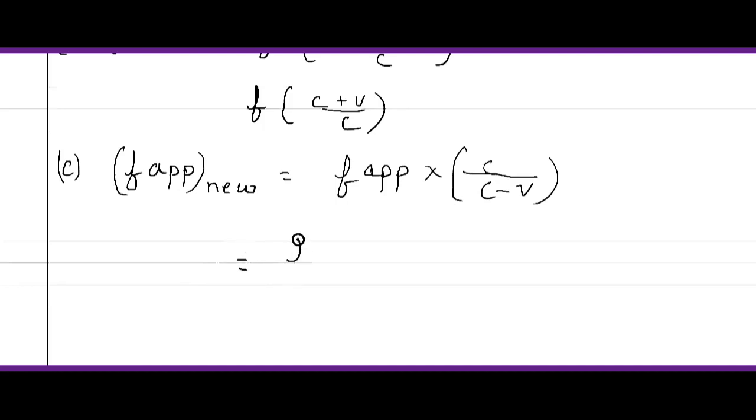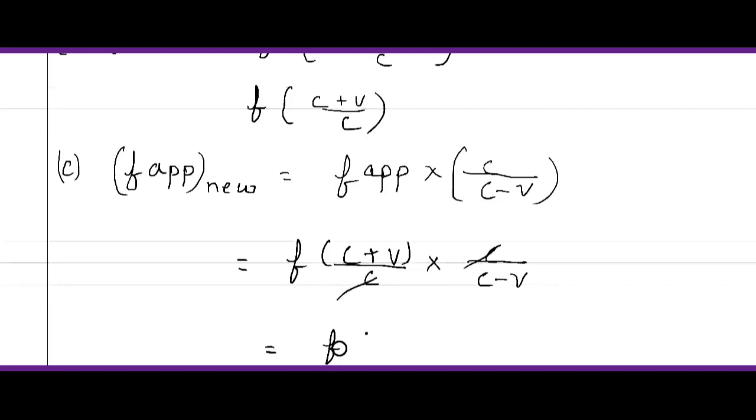So F apparent is F into c plus v divided by c, into c divided by c minus v. This c cancels with this c, and we have F into c plus v divided by c minus v, right?